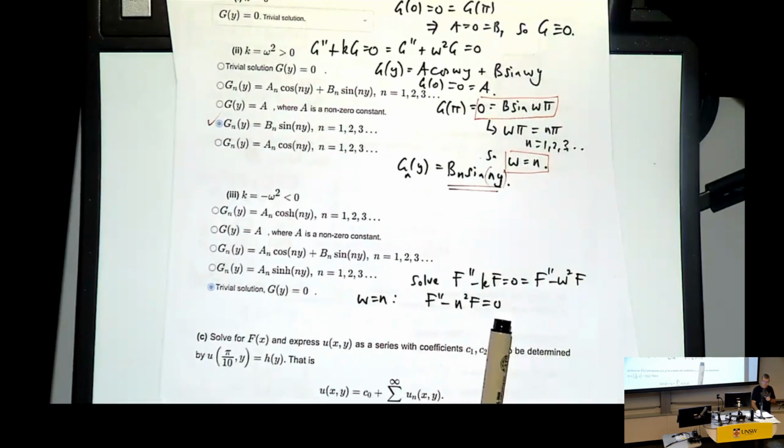Okay, so what are the solutions of this going to be? The sign has changed now. It's a negative n squared. Okay. The no sleeping rule still applies. Just for another 20 minutes. You can do it. Okay?